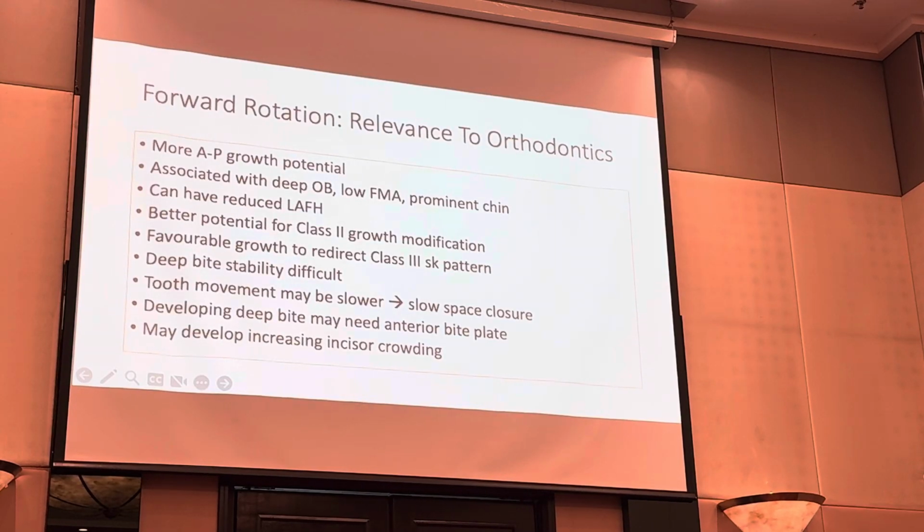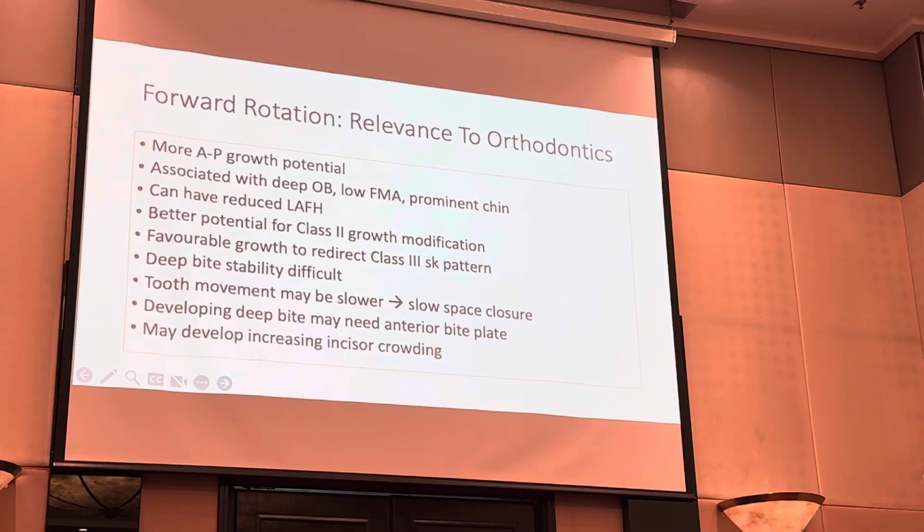Eventually, you will learn that we all keep growing to a certain extent, even when we're older. Growth will tend to follow our growth rotation, depending on what we are genetically programmed to do. So in a patient with forward growth, if we don't finish them in a good overbite, 10 years down the line the patient will chew themselves back into a 100% or 90% overbite again. That we call relapse also.